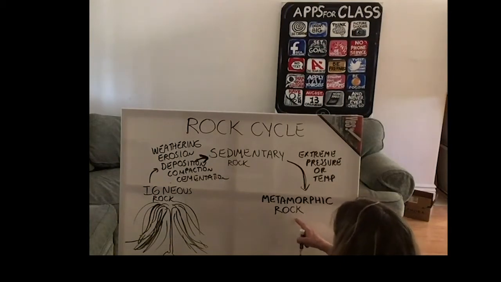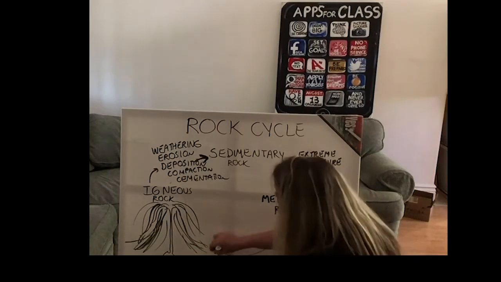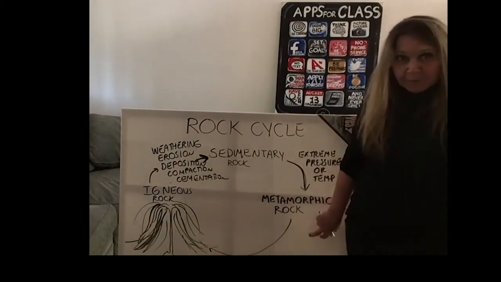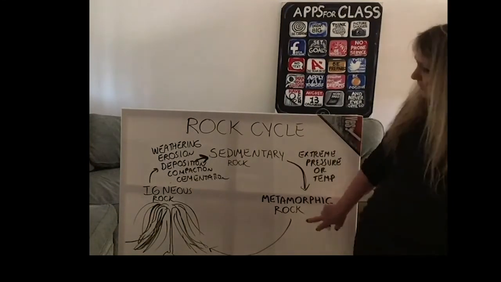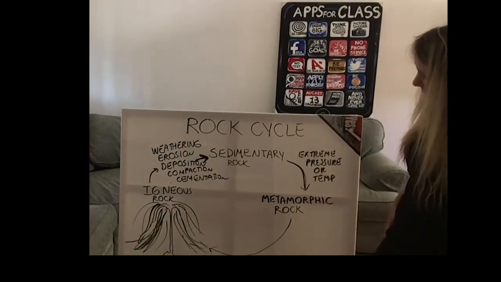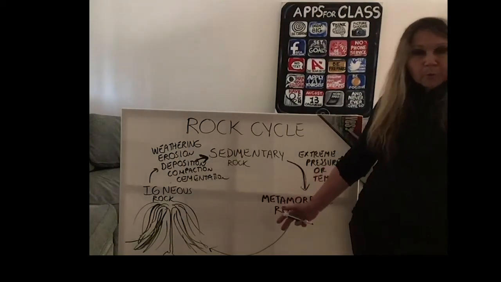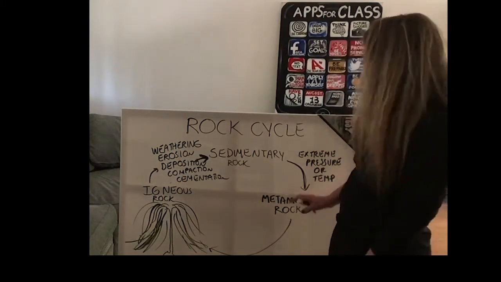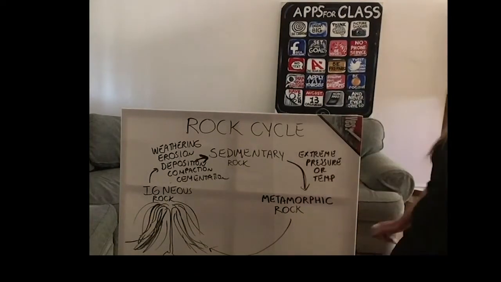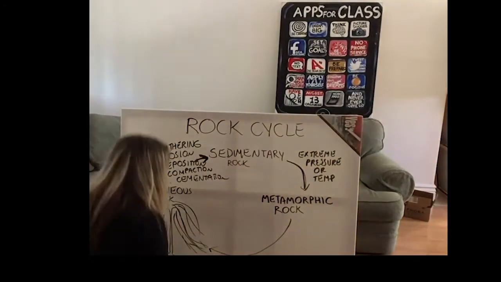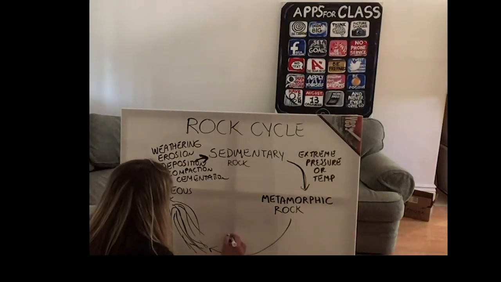Now this metamorphic rock, once it is formed and let's say gneiss is an example of metamorphic rock. If it gets heated up even more, because maybe it's next to a magma chamber where it gets heated up to an extreme, it gets melted into magma.